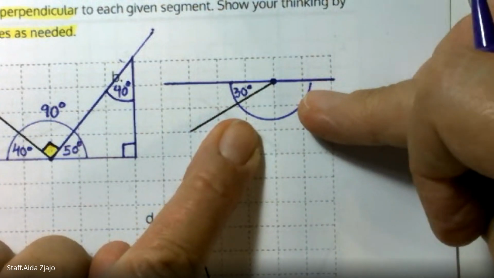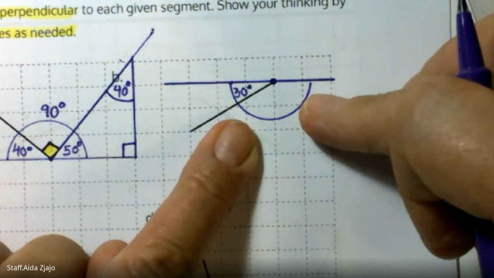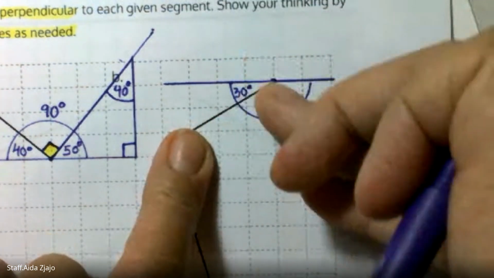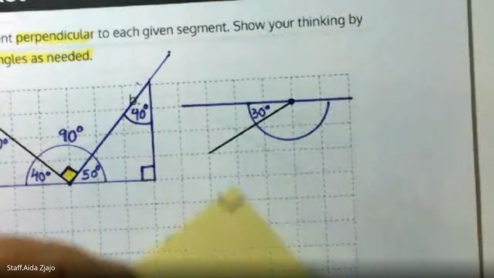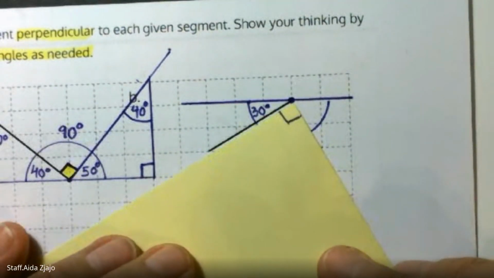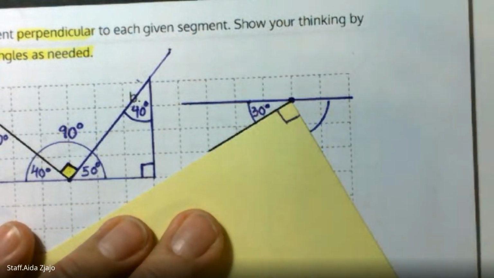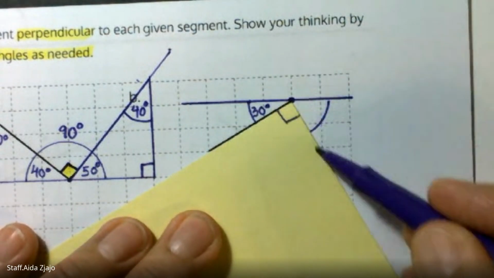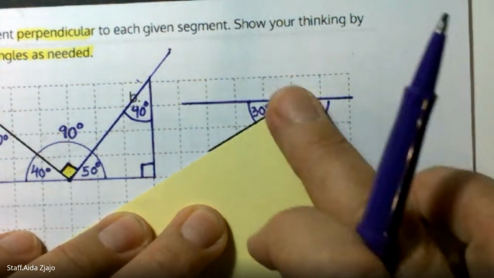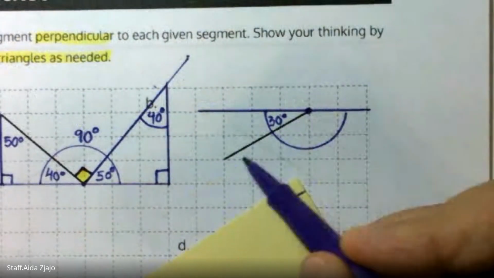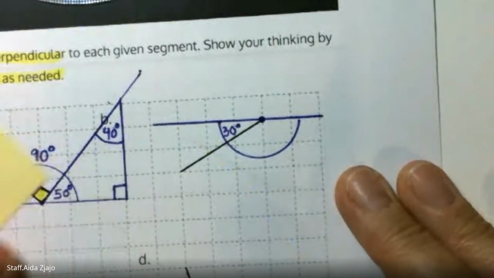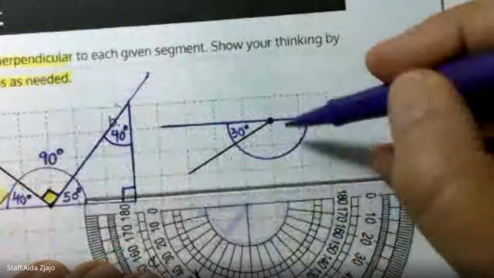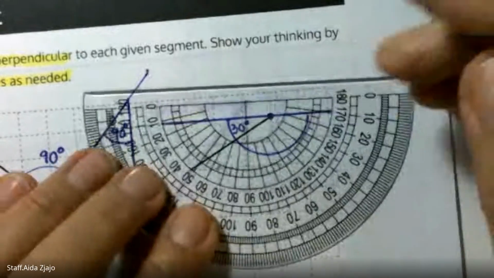So I know that 30 and 60 will give a 90, and then in between is going to be that right angle. So right now you can see if this is a rectangle and has a right angle, this is going to be that line that is perpendicular to this line segment. But to be precise, we know then this angle has to be 60 degrees.